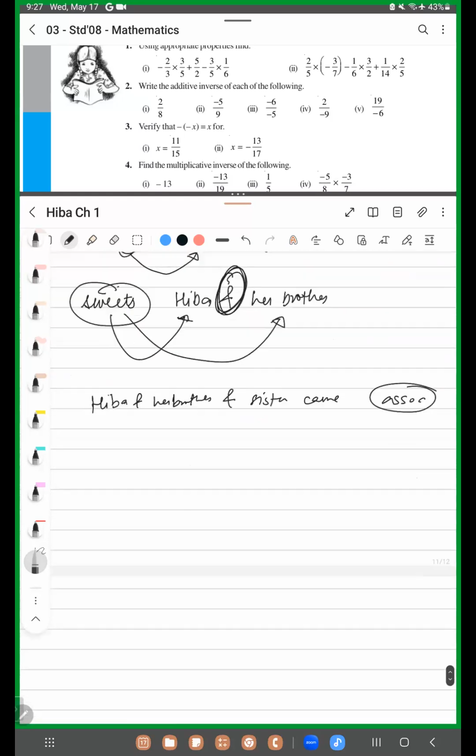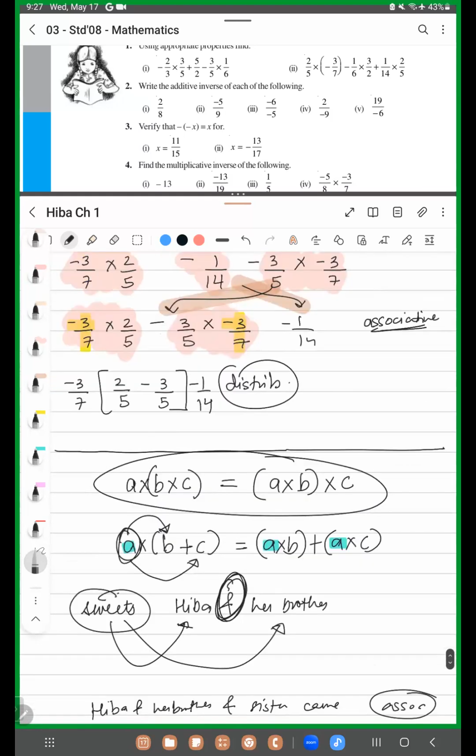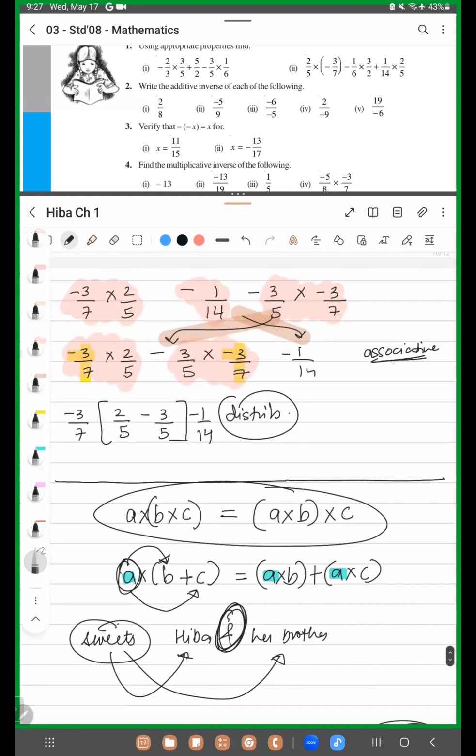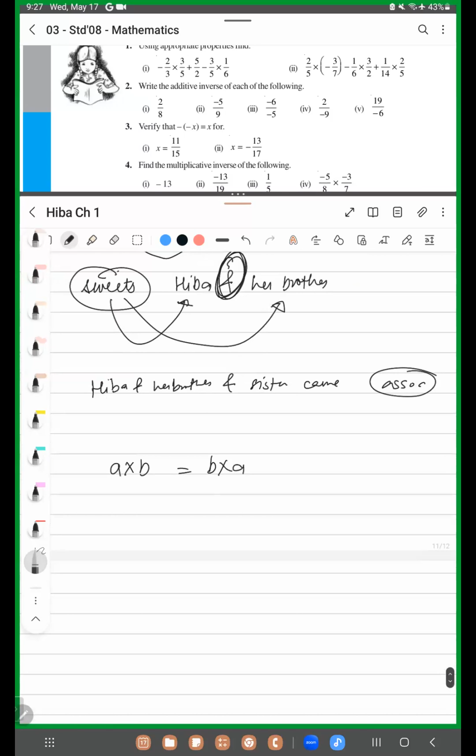Again remember, the commutative property is when you have two things only. A into B is equal to B into A. That's it. And actually, Hiba, the commutative property is basically included in the associative property as well.